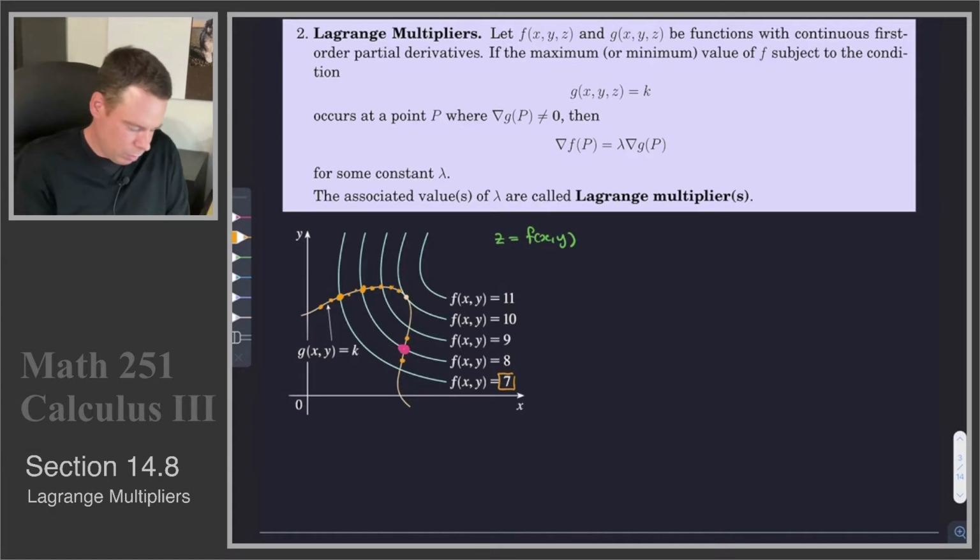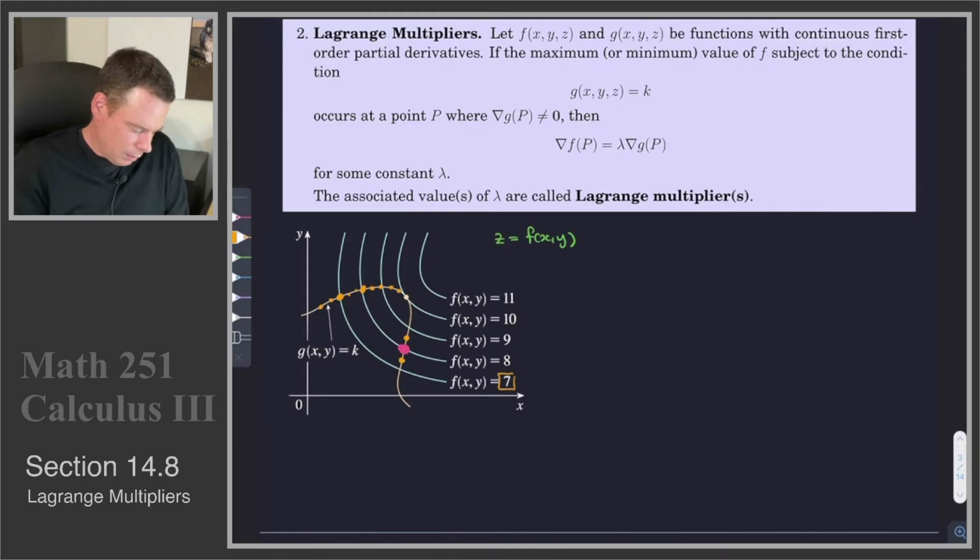So for example, this orange point that's above the red point is sitting on the side of the level curve f equals 8, which is the higher side. So I know that point is going to have a function value of like 8.5 or something more than 8, whereas the orange point that's below the red point has a function value that's lower. So I know not only is this point not a max, it's also not a min because there are points nearby that are lower.